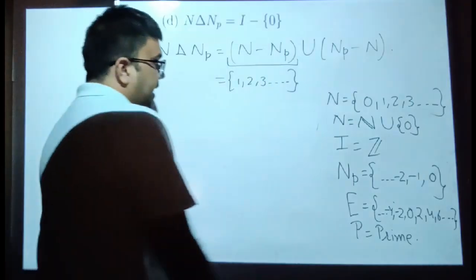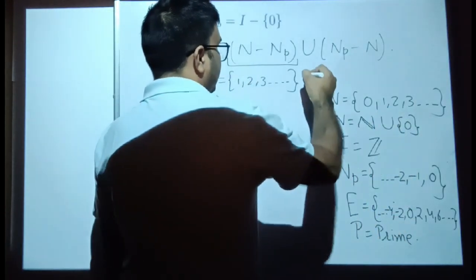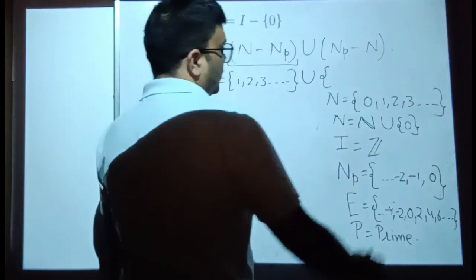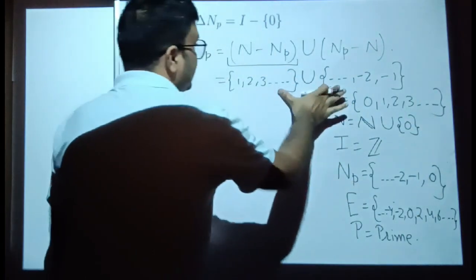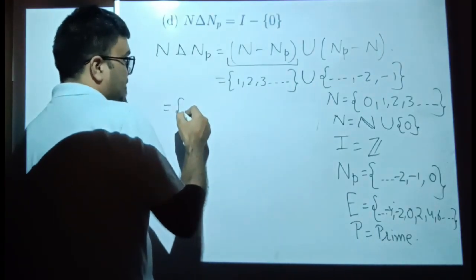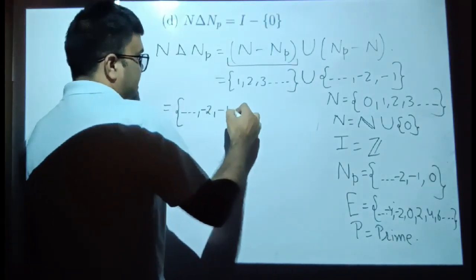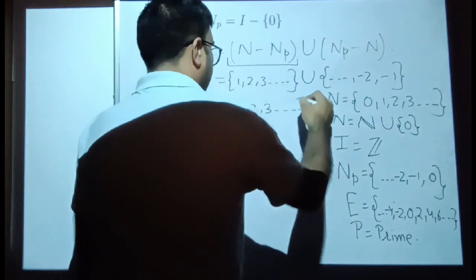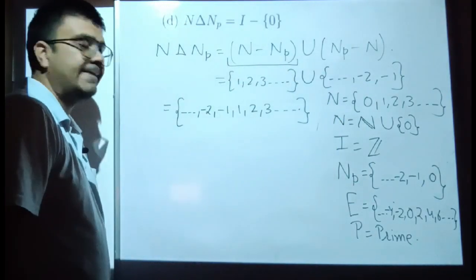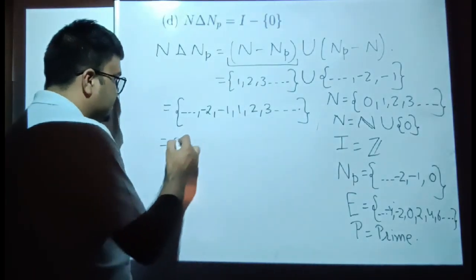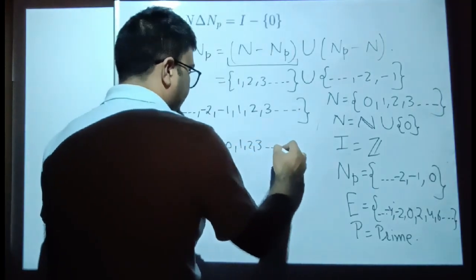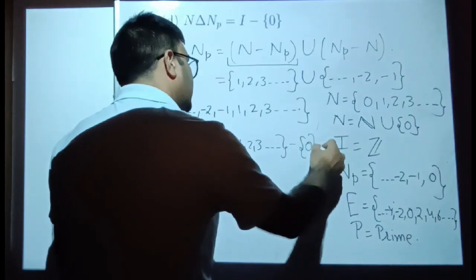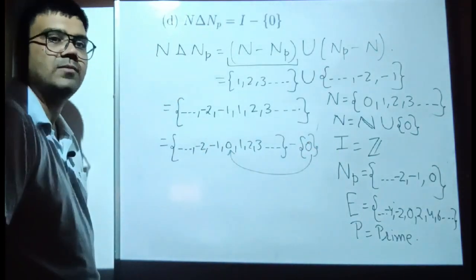When I talk about the set NP and remove the elements of N, what are we left with? The only common element is 0, and 0 is removed, so we are left with minus 2, minus 1, and so on. If we take the union of these two sets, we obtain so on up to minus 2, minus 1, 1, 2, 3, and so on. We can write this as the set of all integers except 0.